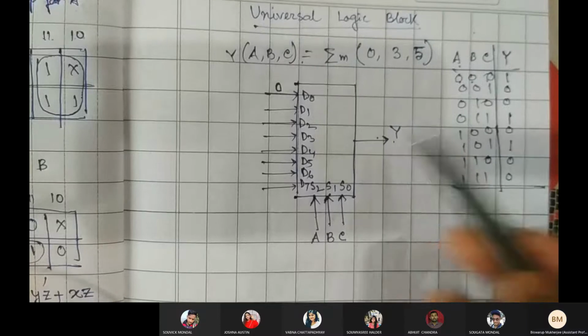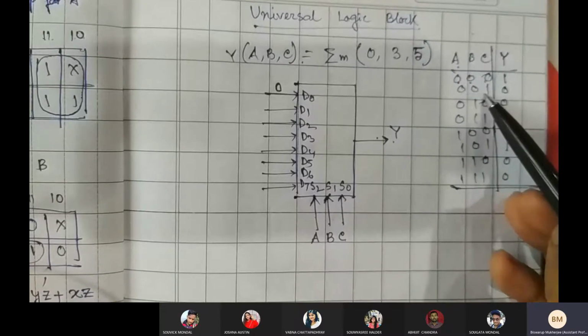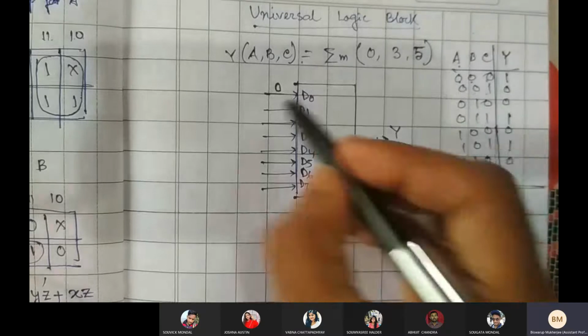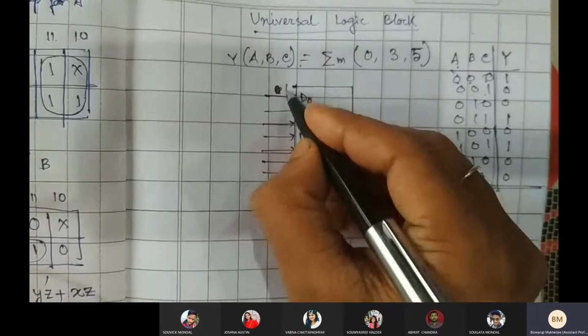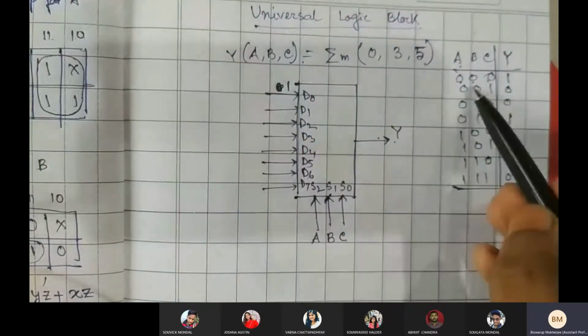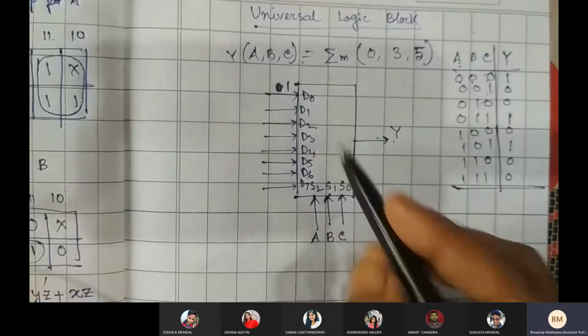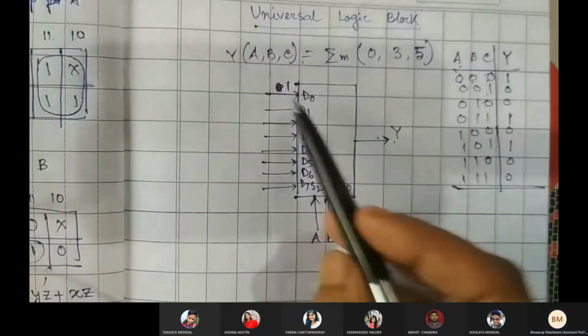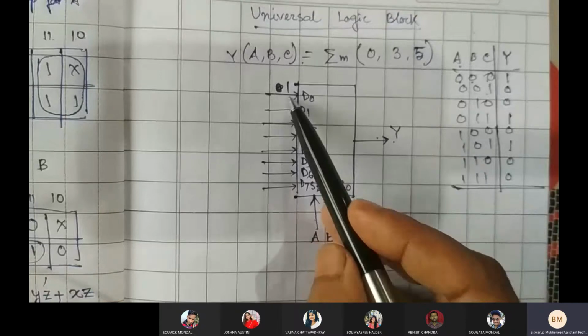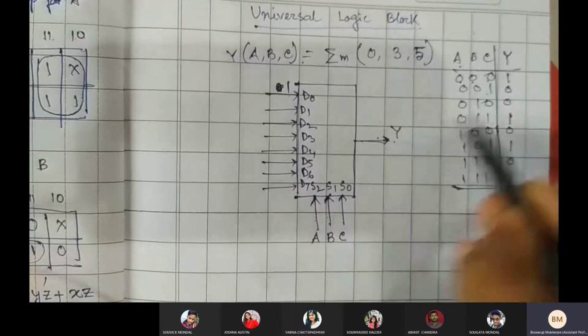Sorry, for 0, 0, 0 the output should be 1. So if it is 1 always, whenever 0, 0, 0 comes here, D0 will be selected, and if I provide 1 here, the output will be 1.